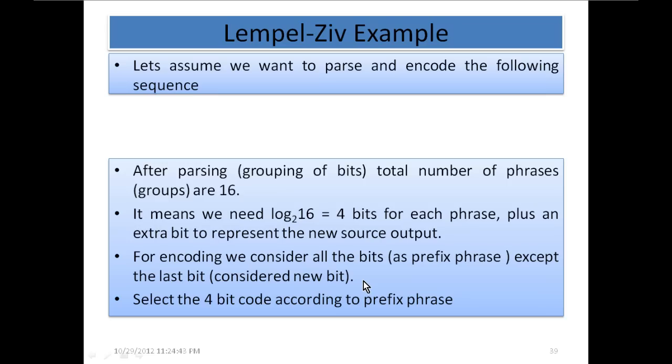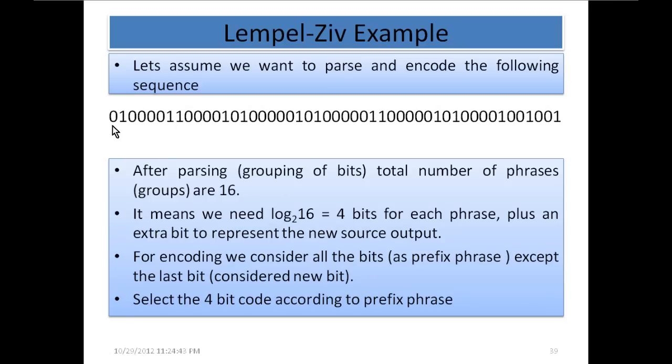Let's assume we want to parse and encode the following sequence. This is a sequence of incoming output stream, and we have to encode it using the Lempel-Ziv coding method. What happens is that first of all, this 0 is received. The first receiving bit is this 0.